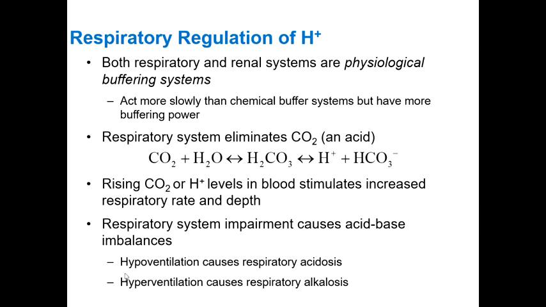Hypoventilation, breathing shallower and less rapidly, gives us respiratory acidosis, because we're not releasing as much carbon dioxide as we should, therefore we have more hydrogen ions than we should. And just the opposite, hyperventilation causes respiratory alkalosis because we're getting rid of too much carbon dioxide, which means we don't have enough hydrogen ions in solution, which raises our pH and goes to the alkalosis end.